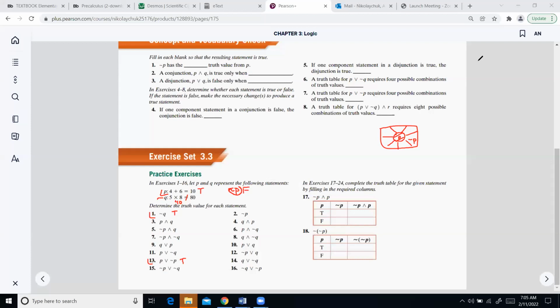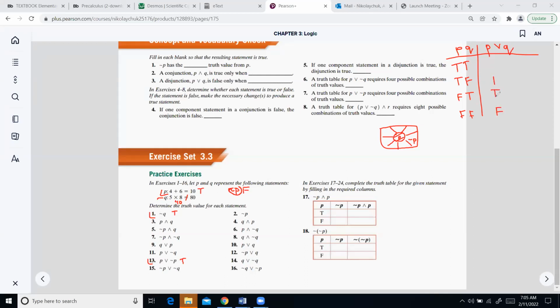But if you recall how we were thinking of the truth table for the union, if we had P or Q, last time we looked at the 4 possibilities, such as a T with a T, T with a F, F with a T, and F with the F. Then the only case when we get a false was the last one.